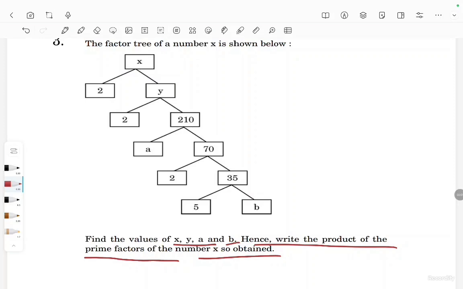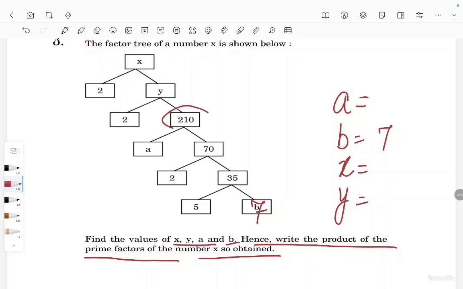Okay, how will we do it? 5 makes 35 with which number? 7, right? Value of b is 7. 35 into 2, 70, then 70 into which number so that 210 must be there?